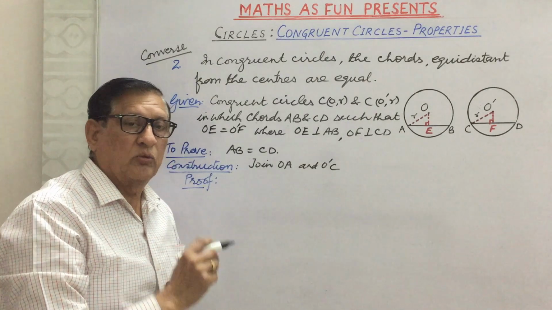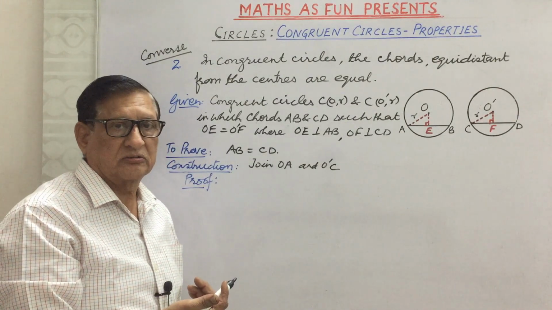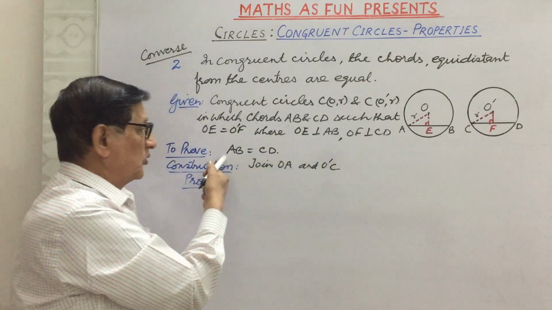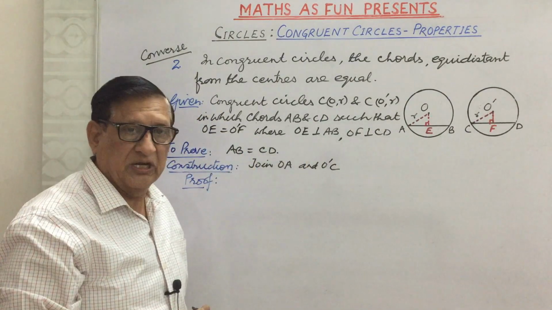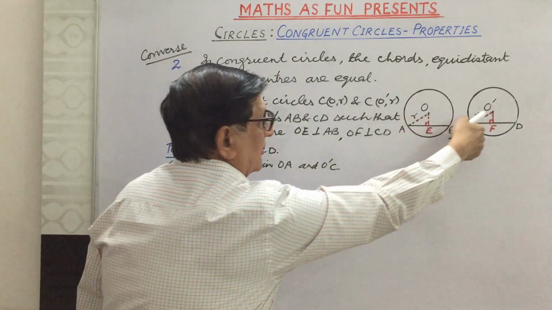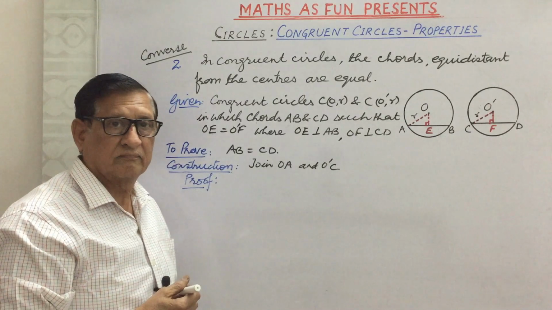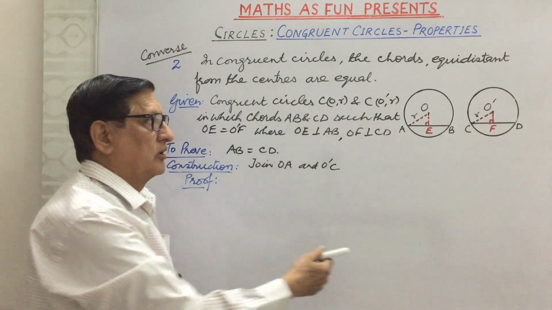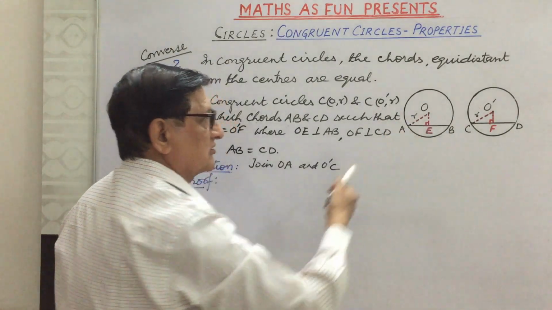It means they are equidistant from the centers. To prove, we have to prove that the chords are equal. It means we have to prove AB is equal to CD. Now there is a construction required, that is join OA and O dash C. The proof. We know that the perpendicular drawn from the center to the chord bisects it.